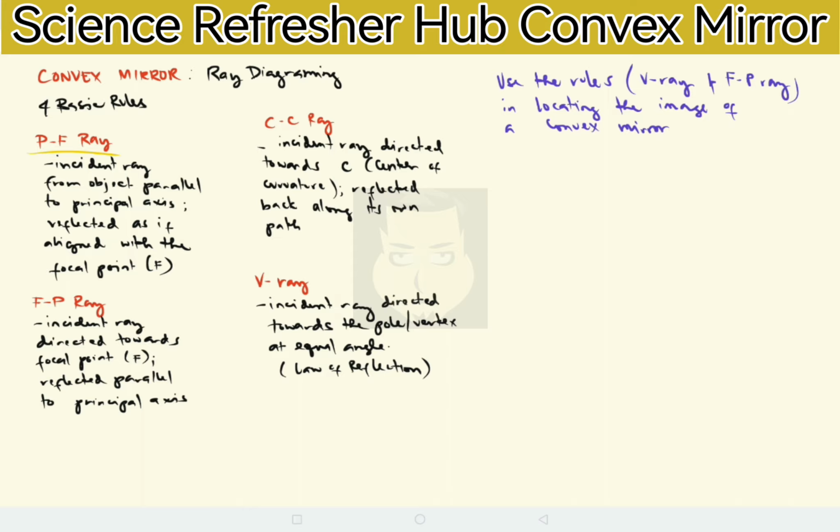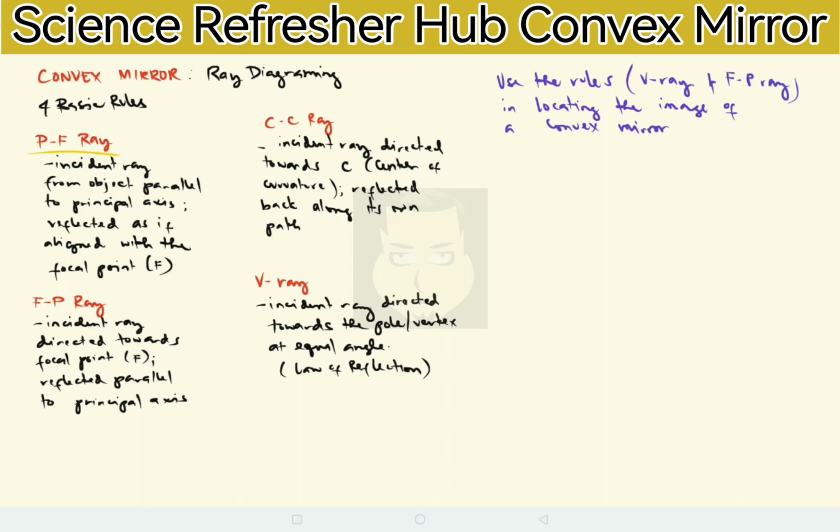Then we have the V ray, incident ray directed towards the pole or vertex at an equal angle, where the law of reflection can be applied. The CC ray is the least used rule in locating the image, but we can use it in doing our diagram if we like.